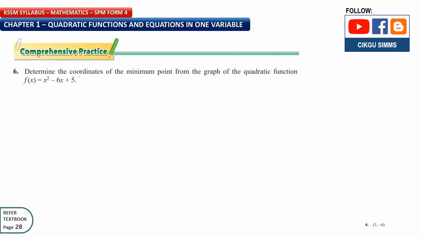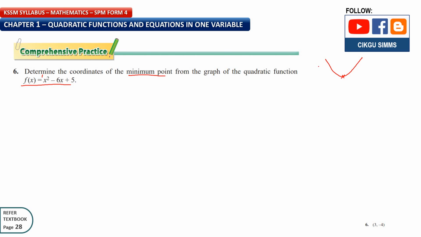Question 6. Determine the coordinates of the minimum point for the graph of this quadratic function. Minimum point means that it's a shape like this, right? You look at the a, it is a positive number, so you have a minimum point.